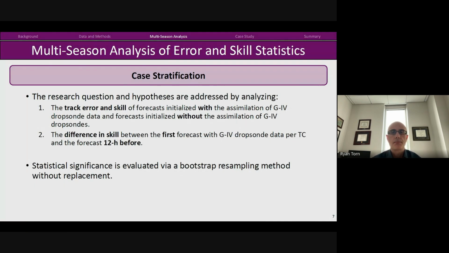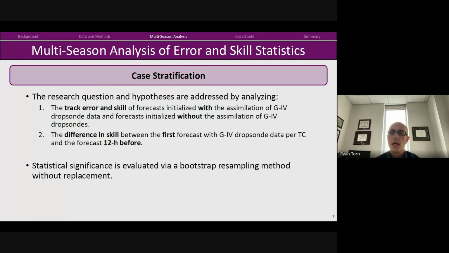So we're going to be looking at a couple of different ways of stratifying this. We're going to be looking at the track error and skill of the group of initialization times with the G4 data and the group of forecasts that did not. And then we're going to be looking at the difference in skill of the first initialization time that included G4 dropsonde data for a particular TC versus the forecast that was initialized just before that, 12 hours before.